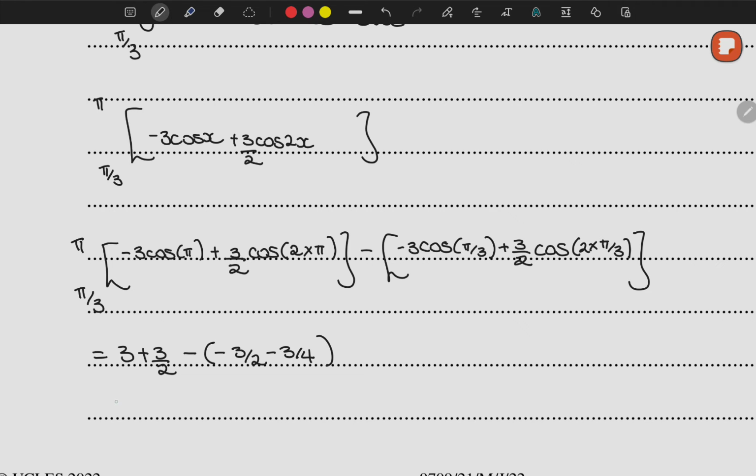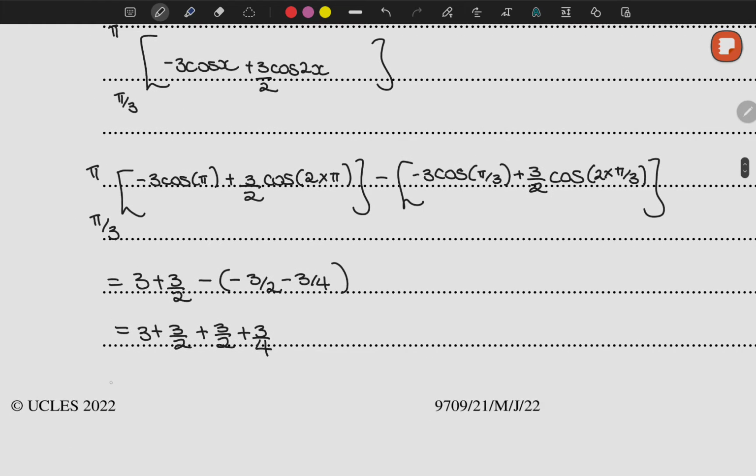So when we bring this over, we get 3 plus 3 over 2 plus, because I'm distributing by negative 1, 3 over 2 plus 3 over 4. And let's see what we get. We get 27 over 4.